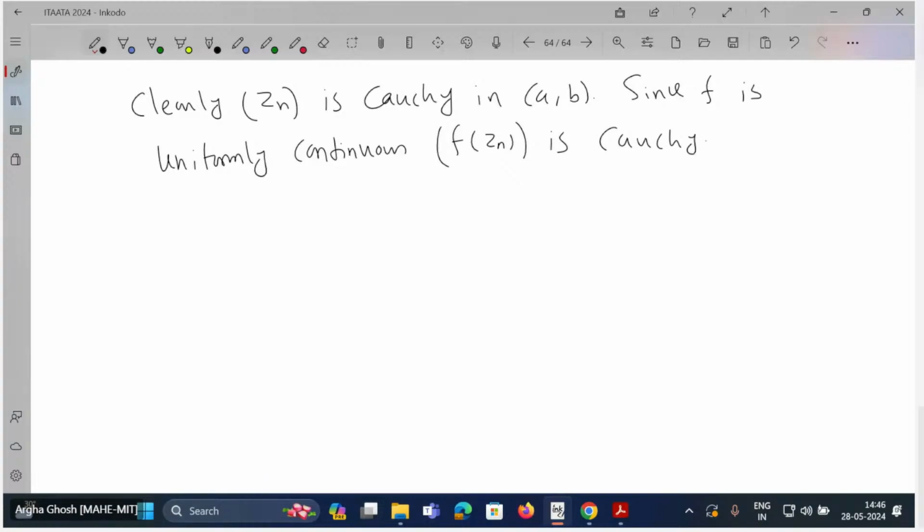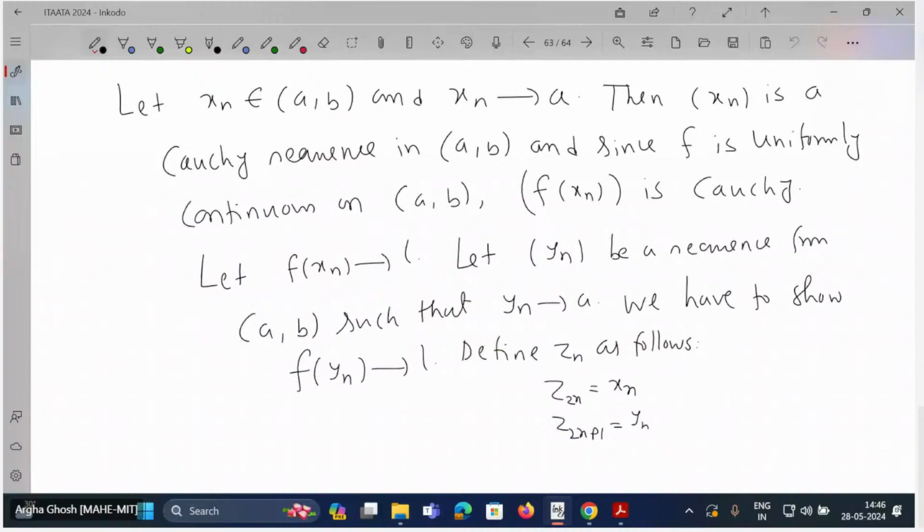It is a Cauchy sequence of real numbers, so definitely it will converge to some number, but its even terms converge to L. Why? What is the even term? f of z2n is nothing but f of xn, and f of xn converges to L. So f of zn converges to L, and hence the odd terms, f of yn, also converge to L.